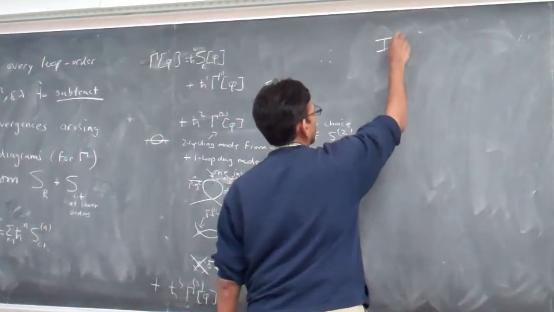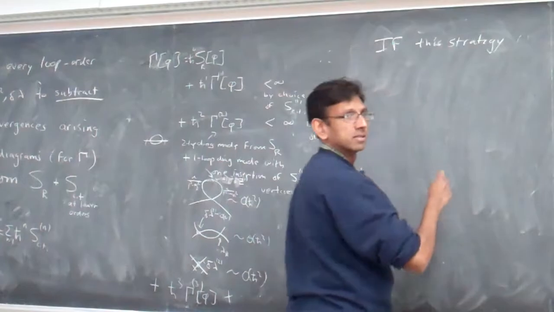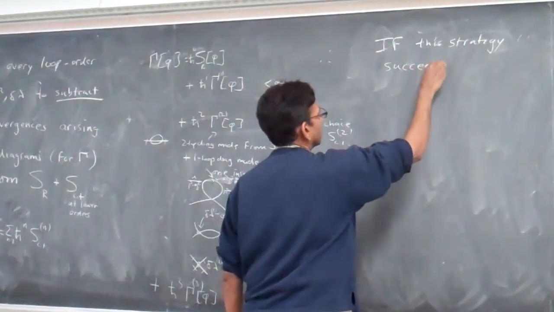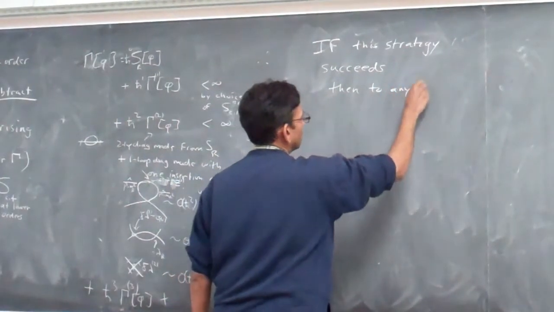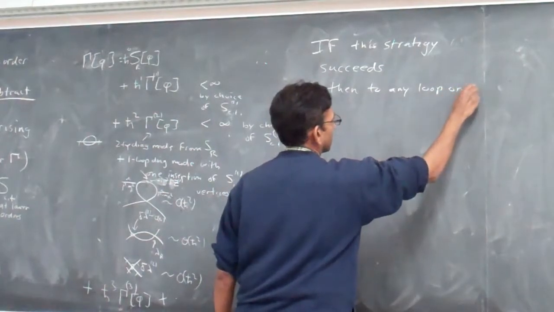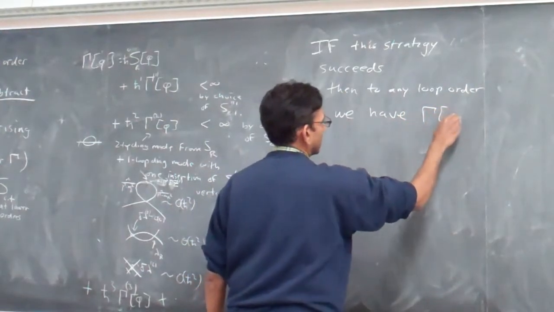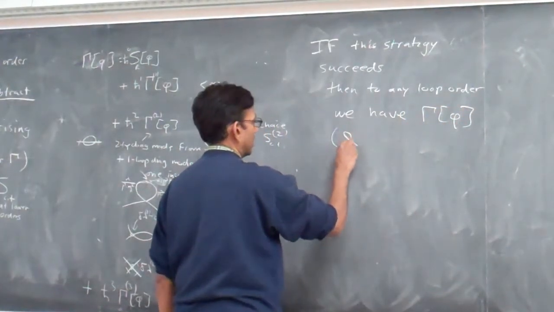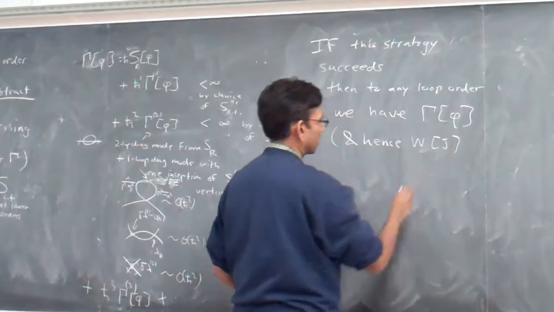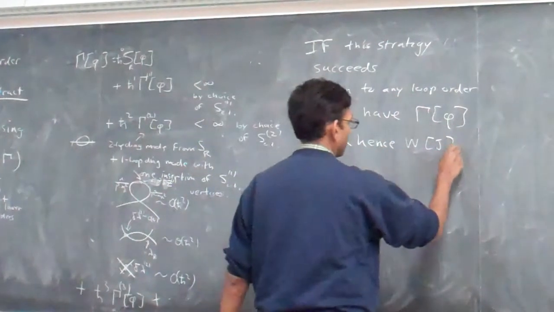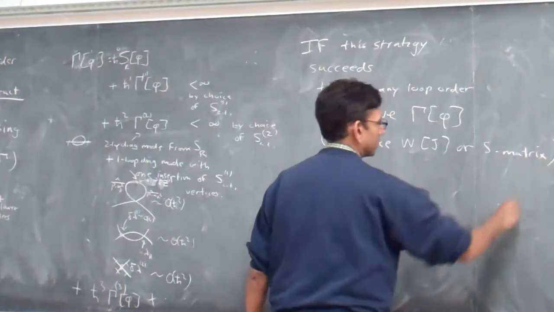So if this strategy succeeds, then to any loop order we have gamma phi, and hence W of j, since that's just made out of tree diagrams using these effective vertices, or the S matrix, if you want to go all the way to some experimental observable.